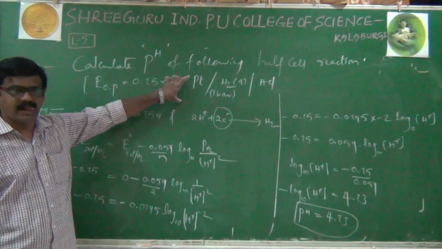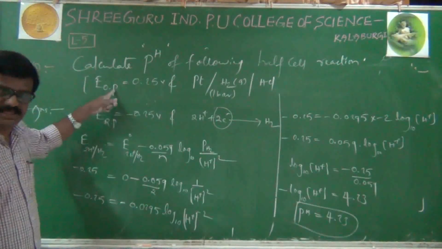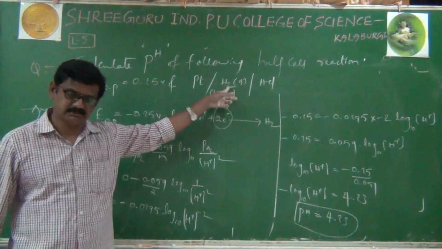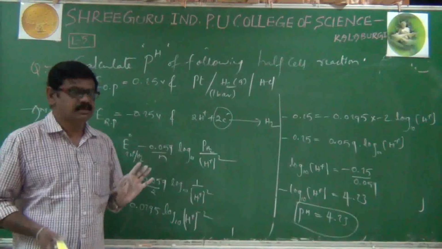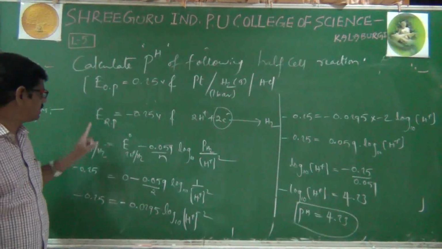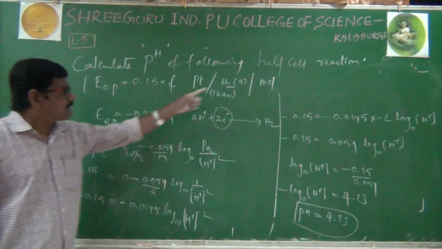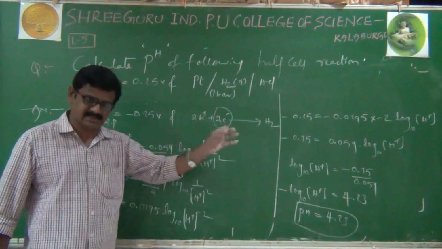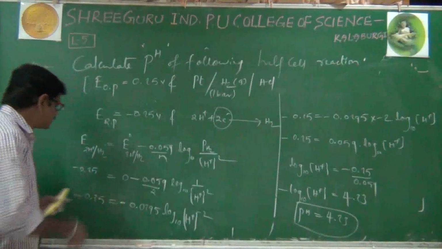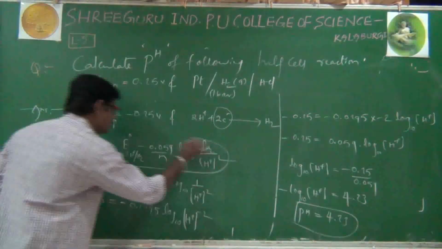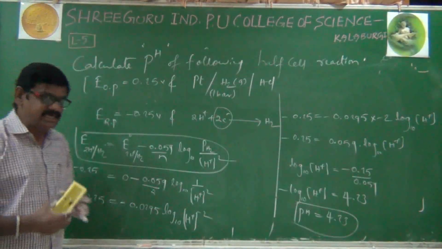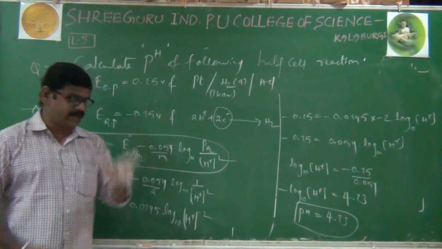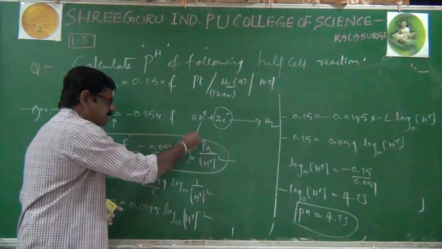See the question. He has given the oxidation potential as well as the oxidation symbol. Now both have changed: the oxidation potential has converted to reduction potential, and the oxidation symbol to the reduction reaction, because the Nernst equation we are using applies when the reduction reaction is taken.